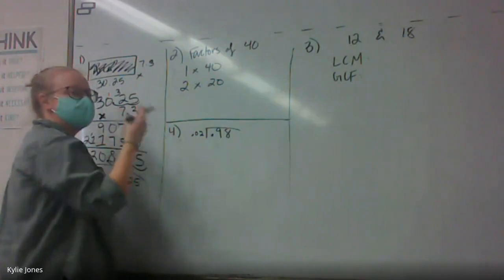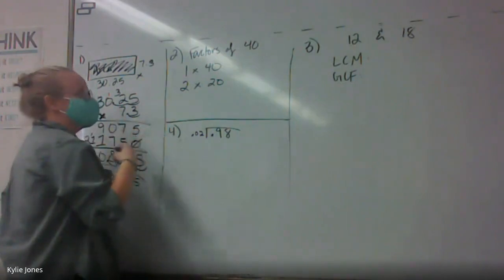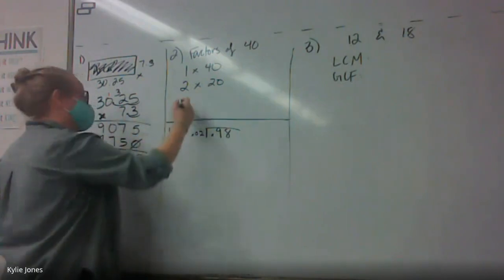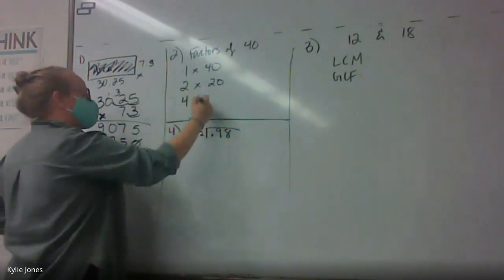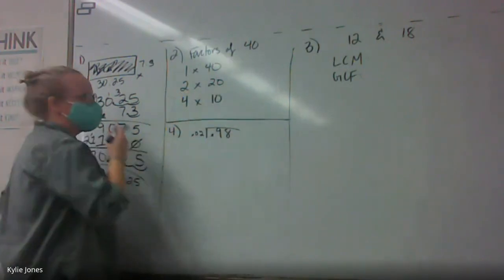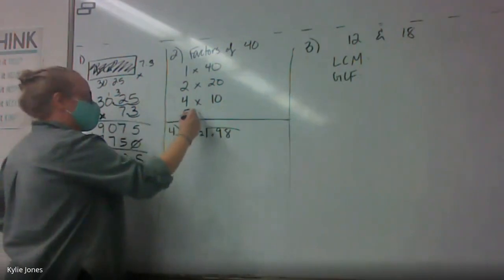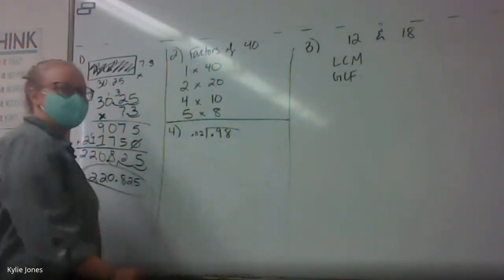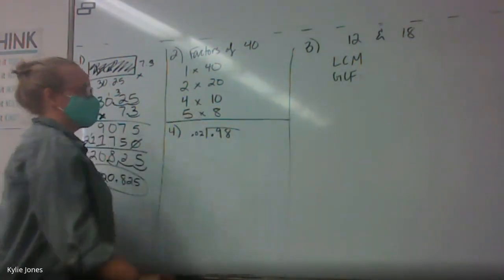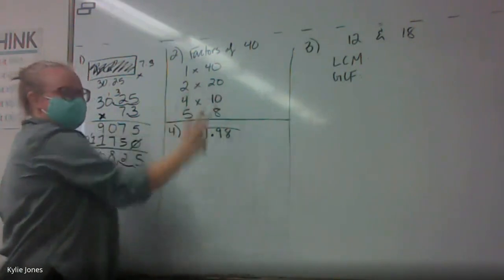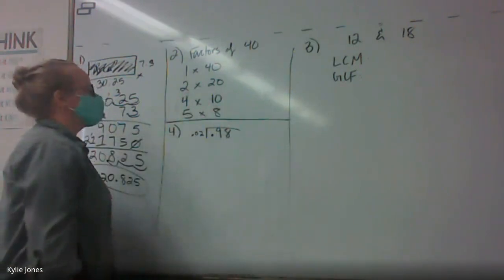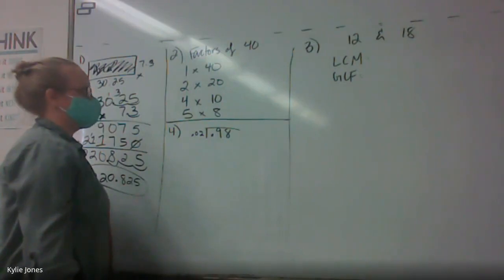No, listen to what I'm asking. Does 3 multiply to 40? No. What about 4? Yes. 4 times 10. What about 5? Yes. 5 times 8. What about 6? No. 7? No. And then we hit 8 again. So we're done. Good. That was a quick one.